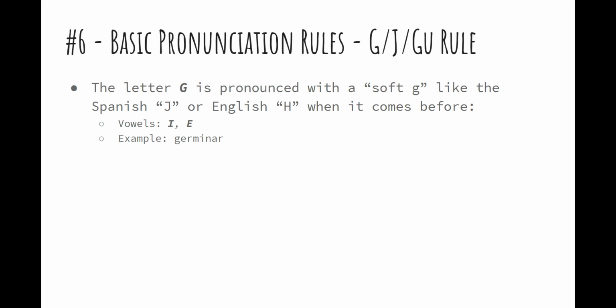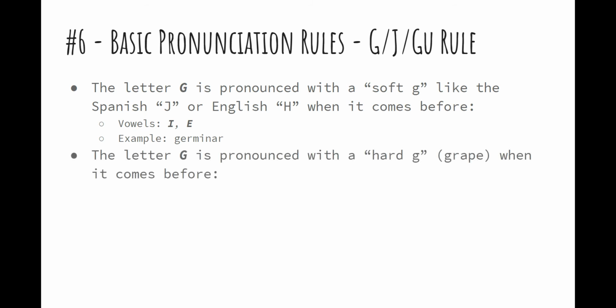It's followed by there the English E. The letter G is pronounced the hard G as in grape when it comes before everything else, the other vowels and any consonant. As long as you remember soft G sound when it comes before English I or E, hard whenever it's everything else. So for example, gordo.